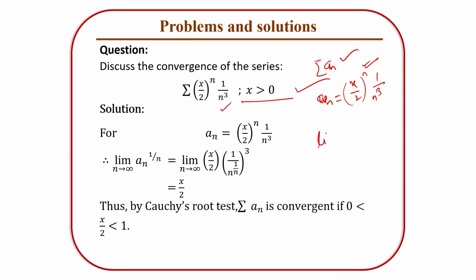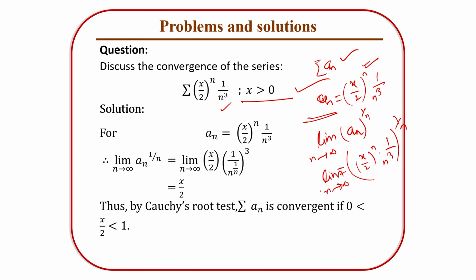To use the Cauchy root test, we have already identified a_n. Henceforth I am going to calculate the limit as n tends to infinity of a_n to the power 1 by n, that means ((x/2) to the power n times 1 by n cubed) the whole to the power 1 by n. That's our idea. What will be the value? Look at this one.